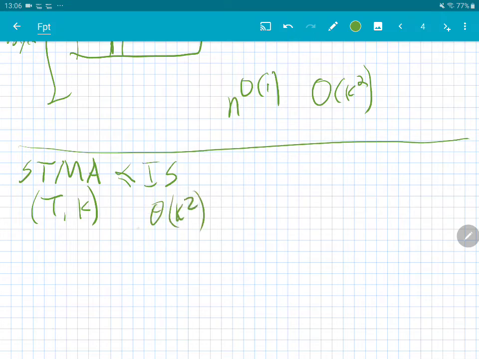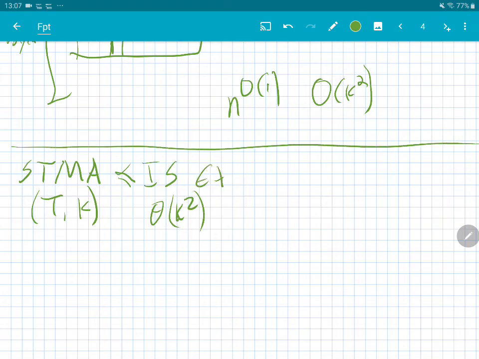Is there in the generated instance an independent set of size k squared? But independent set is of course W1. Independent set is W1 complete. So that shows that short Turing machine acceptance is in W1.